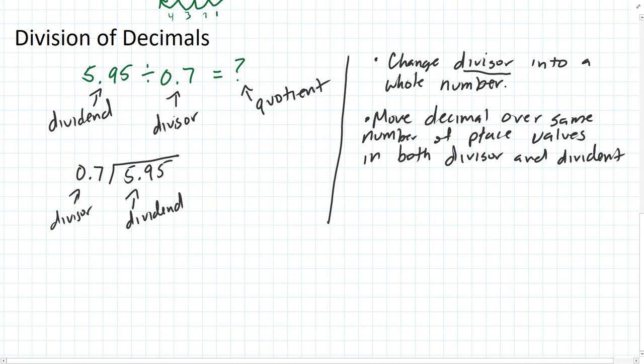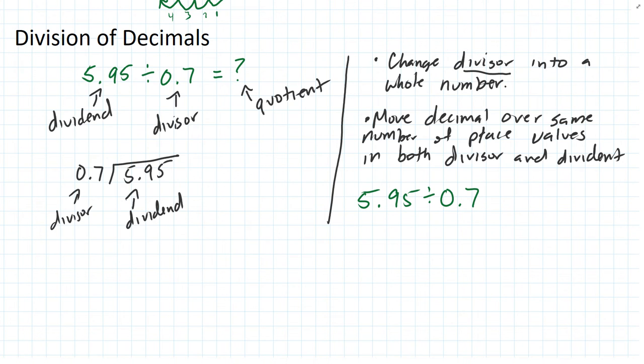So let's look at this original expression we had: 5 and 95 hundredths divided by 0 and 7 tenths. In the divisor, which is the 7 tenths, I need to make a whole number. So how many times do I need to move this decimal place over? Just one time. In the dividend, how many times am I going to move the decimal over? One time.